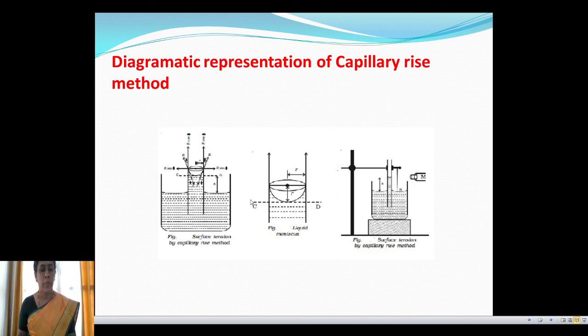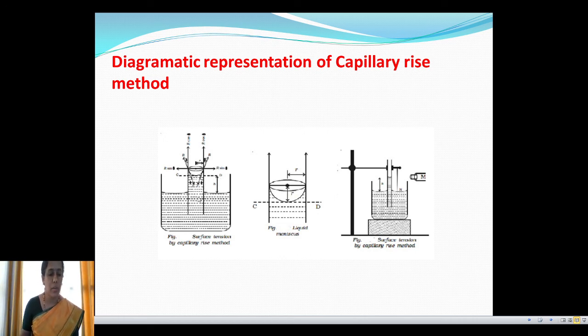Now, what is the principle behind this? If the intermolecular forces of attraction between the liquid and the capillary walls, adhesion forces, are stronger than those between the liquid molecules, the cohesion forces, the liquid wets the capillary walls and rises into the capillary up to a certain level, up to this level, to form a concave meniscus.